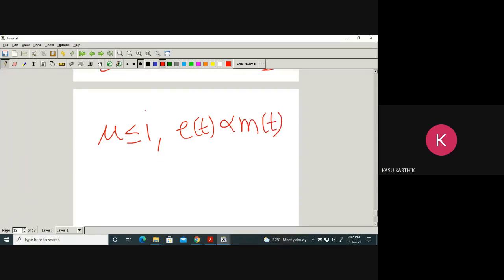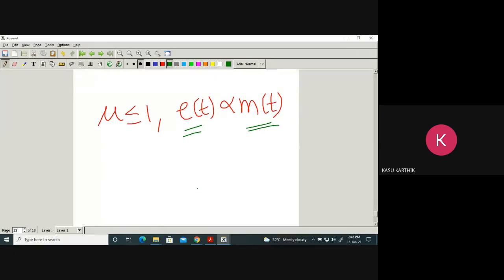Which means if you get the envelope, you get your M of t. So that's why what we do here is extract the envelope from the received signal.